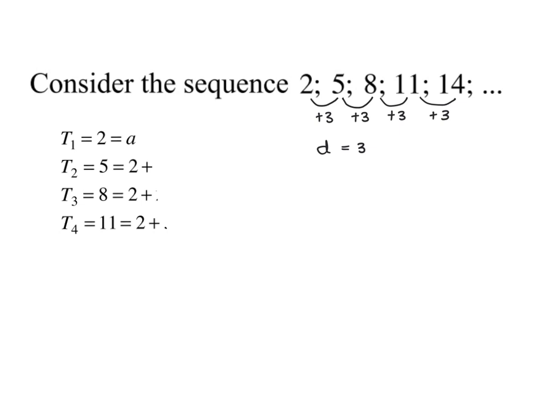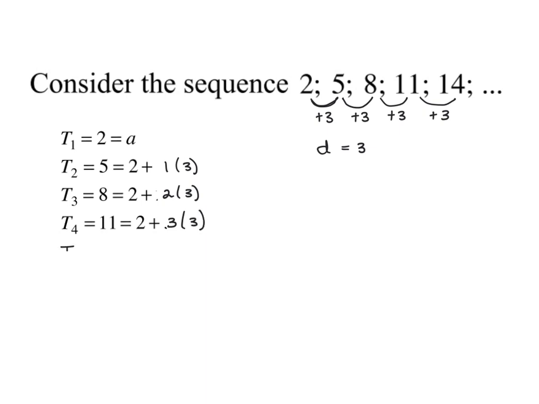To get the second term, you start with the first term, 2, and then you add 1 D, which is 3. 2 plus 3 equals 5. If you want to get to the third term, you start with the first term, 2, plus 2 times 3. 6 plus 2 is equal to 8. To get the fourth term, you add 3 D's.